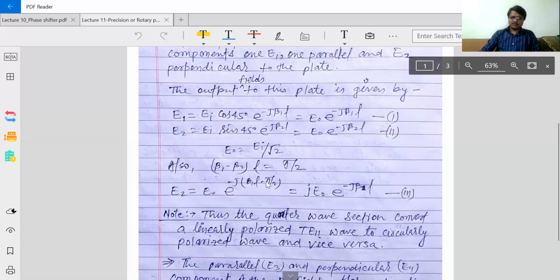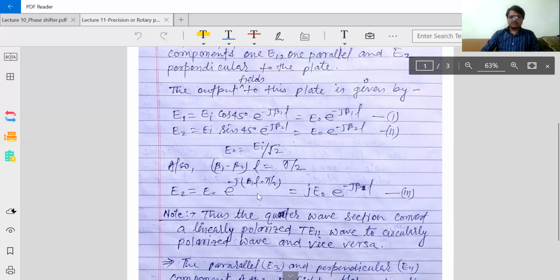And again it may be written, by mathematical expression, as j E naught e to the power minus j beta 1 L. If we break it, it will be e to the power minus j beta 1 L and e to the power j pi by 2.